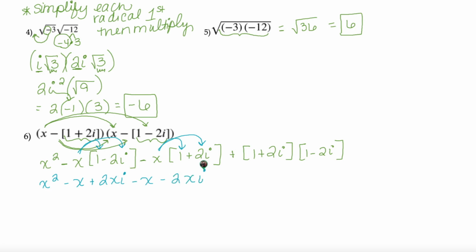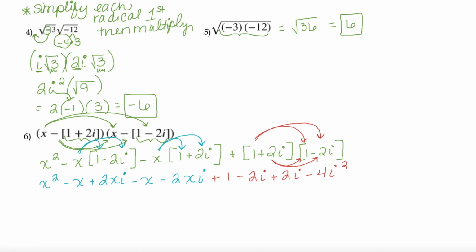And then let's distribute our two binomials here. So we'll have positive 1 minus 2i plus 2i minus 4i squared.